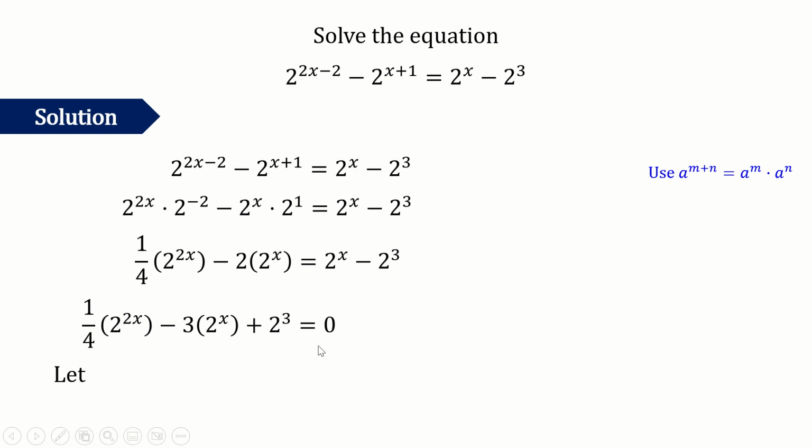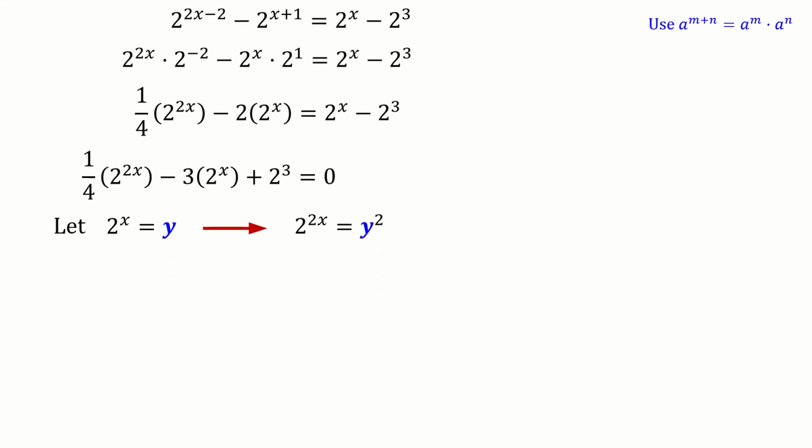Alright, so now we can let 2 to the power of x be y, so that means 2 to the power of 2x is equivalent to y squared. So we substitute those values into our equation. 2 to the power of 2x is equivalent to y squared, and 2 to the power of x is equivalent to y, so we have everything in terms of y, and 2 to the power of 3 is 8.